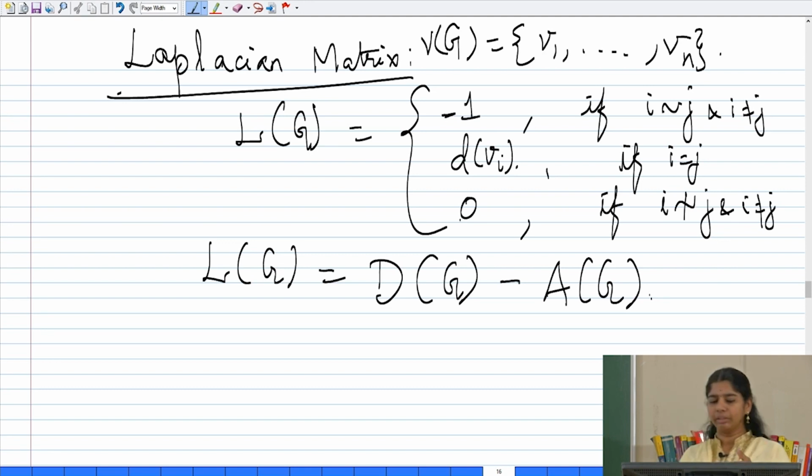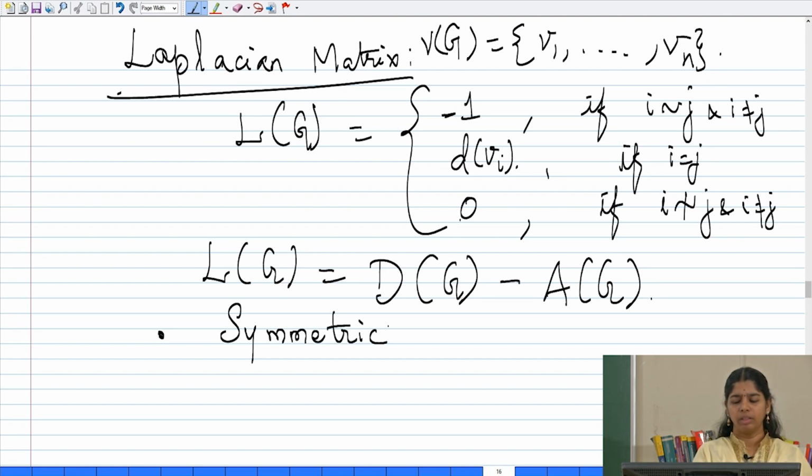Okay. So, if I give this definition, then it will be clear why I wrote that first. Okay. So, it is just to make you feel for the entries here. So, one thing we immediately observe is L is symmetric, right.